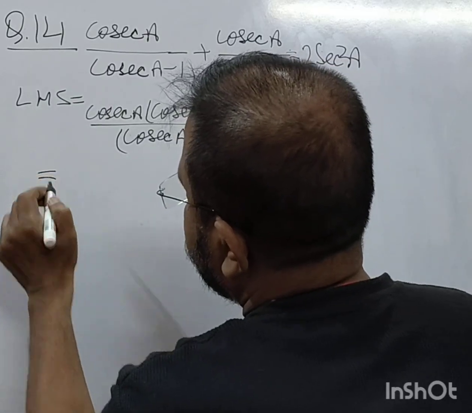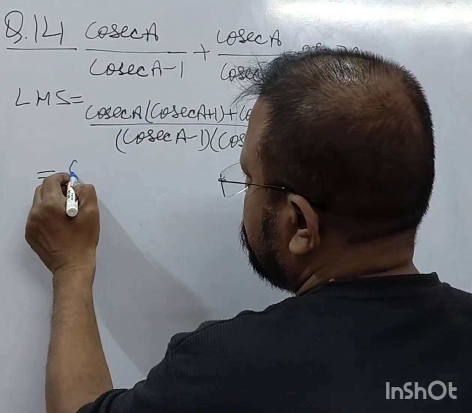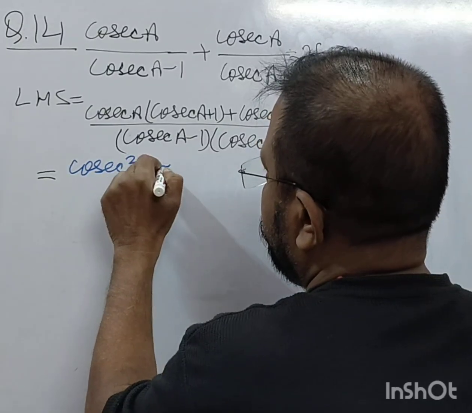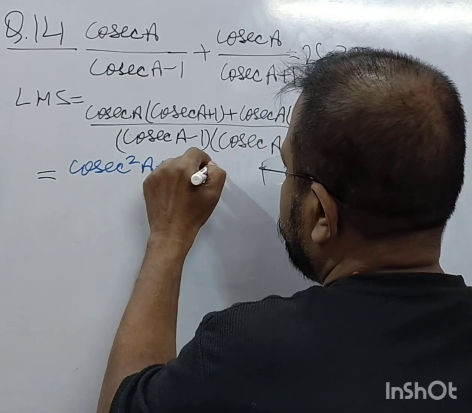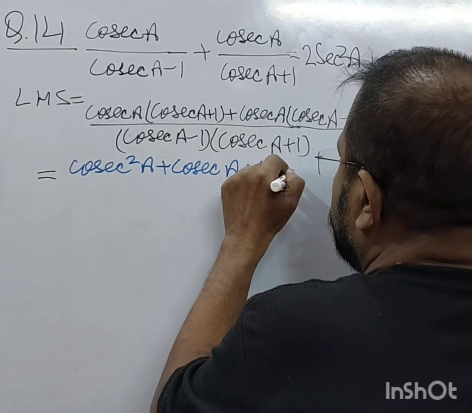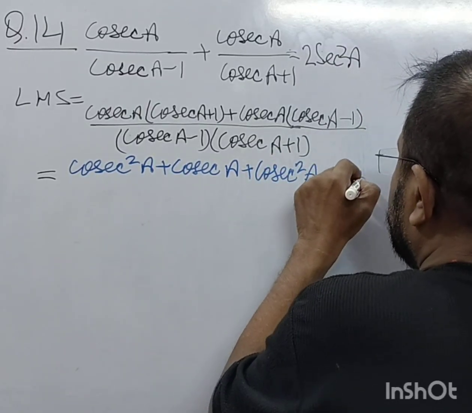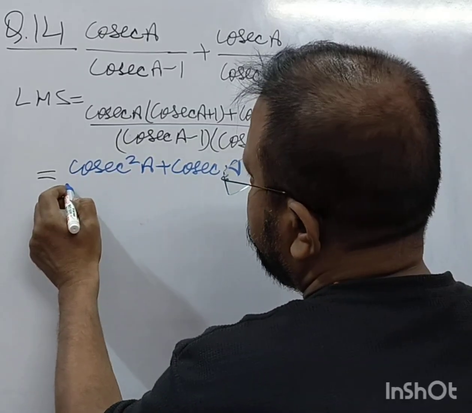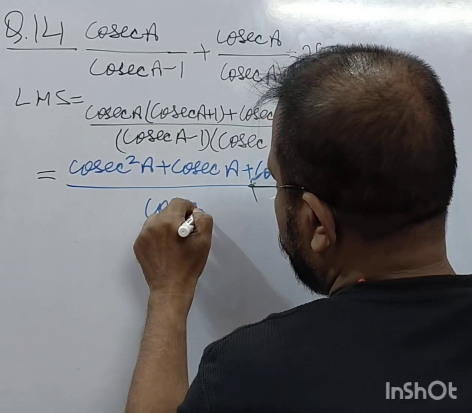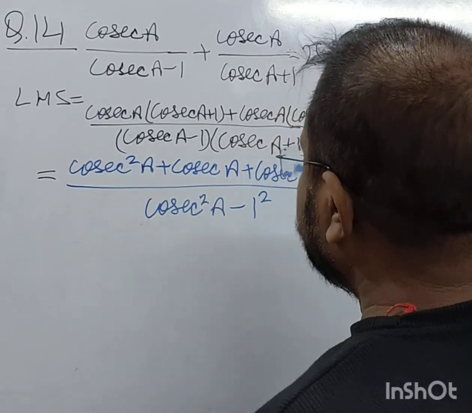So what you do here, this is cosec square A plus cosec A plus cosec square A minus cosec A upon difference of two squares, so cosec square A minus 1 square, right?